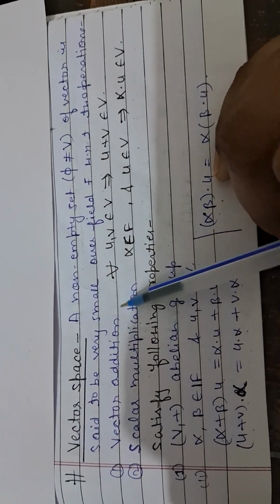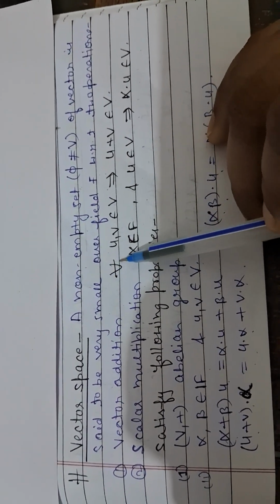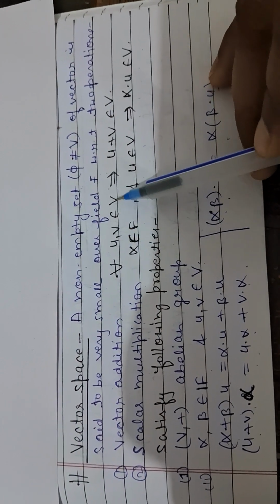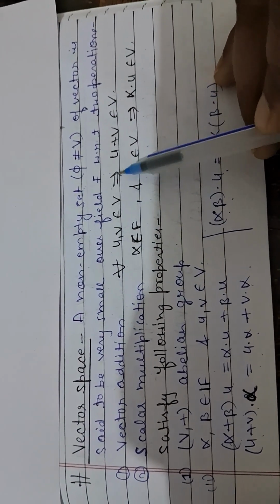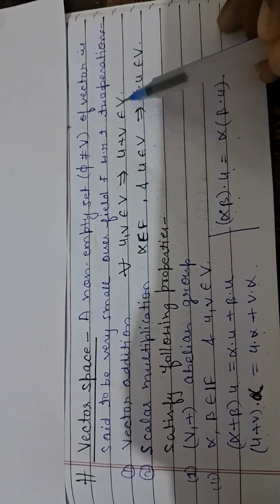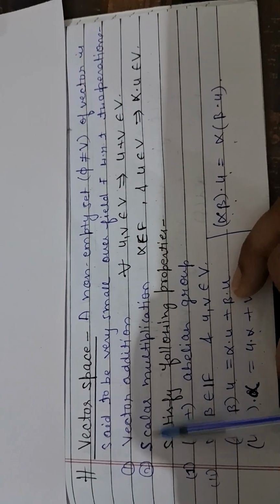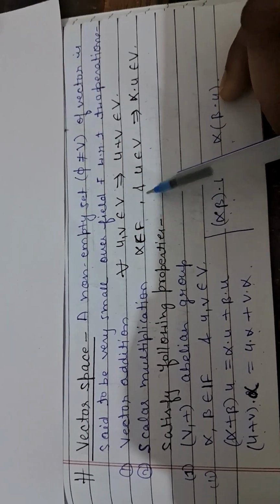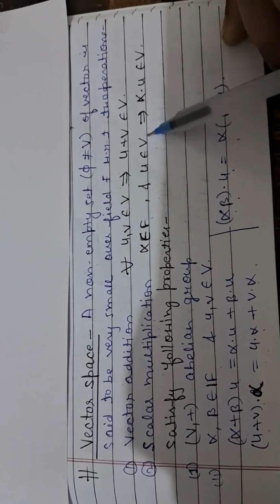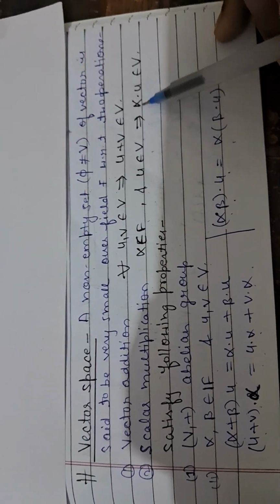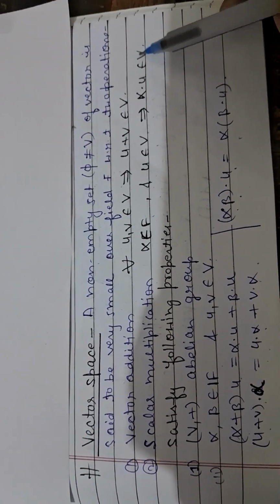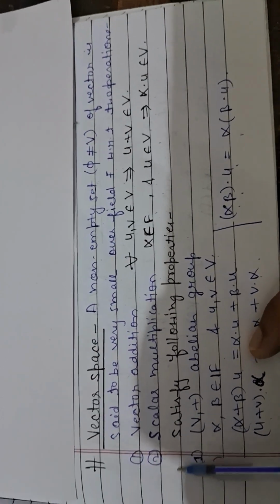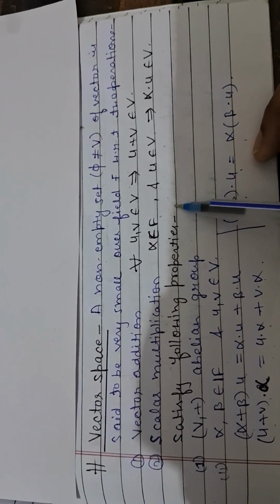For vector addition, for every u, v belongs to V, then u plus v also belongs to V. For scalar multiplication, alpha belongs to F and u belongs to V, then this implies alpha dot u also belongs to V, if it satisfies the following properties.